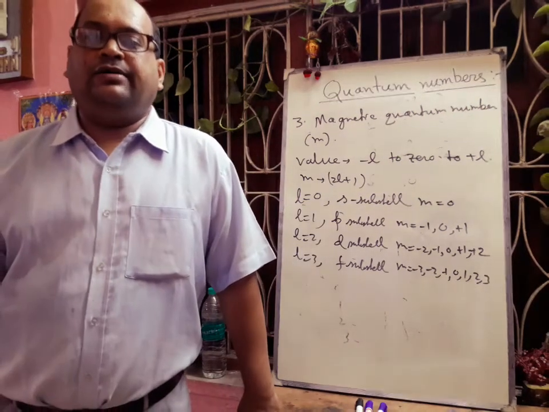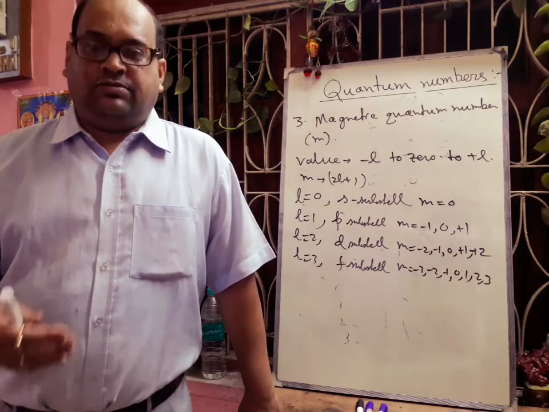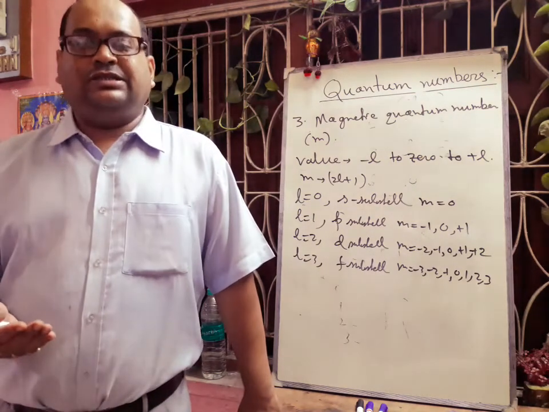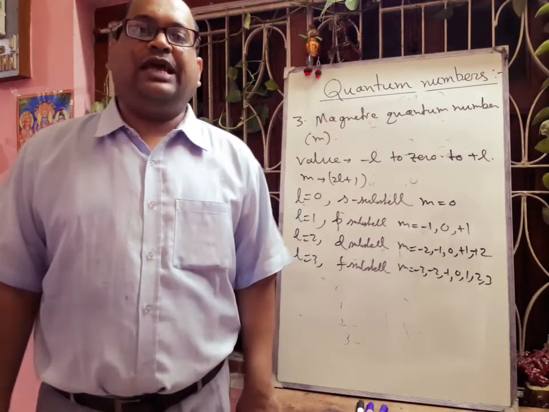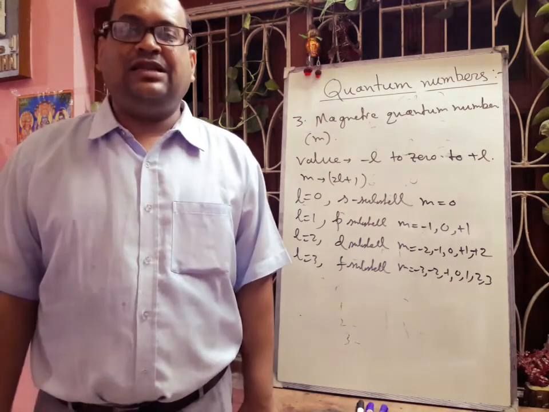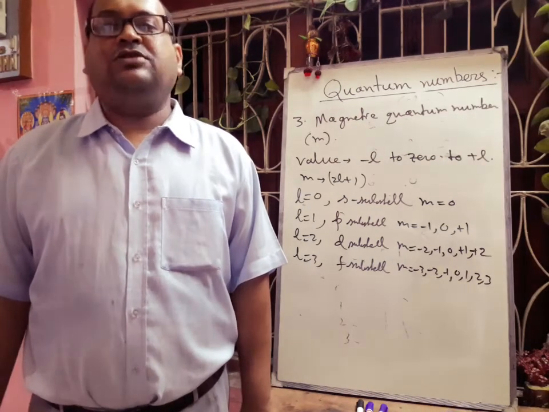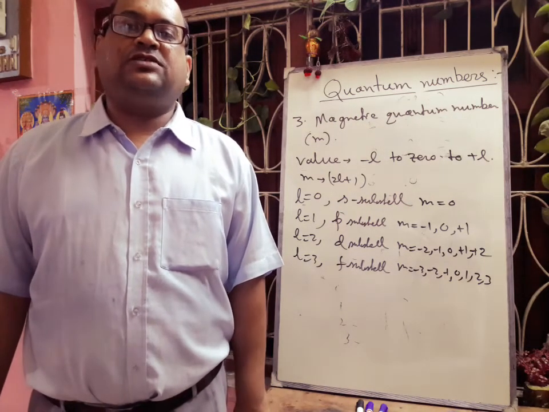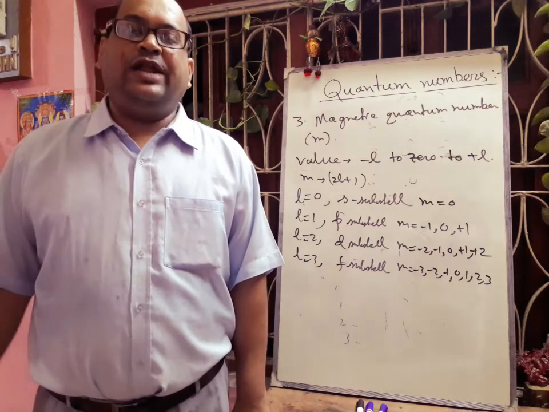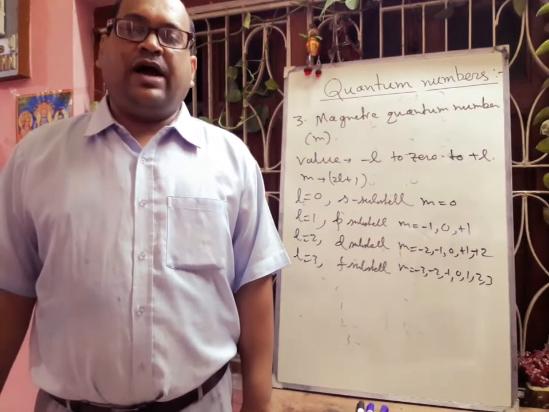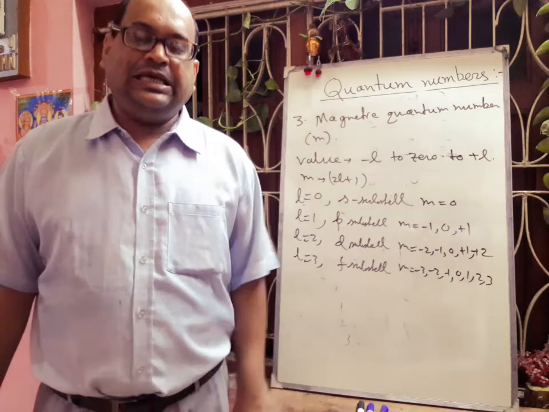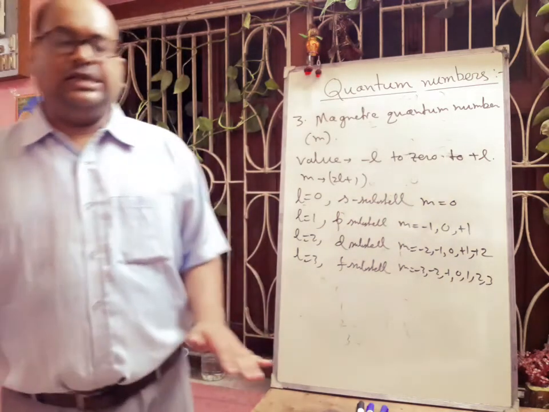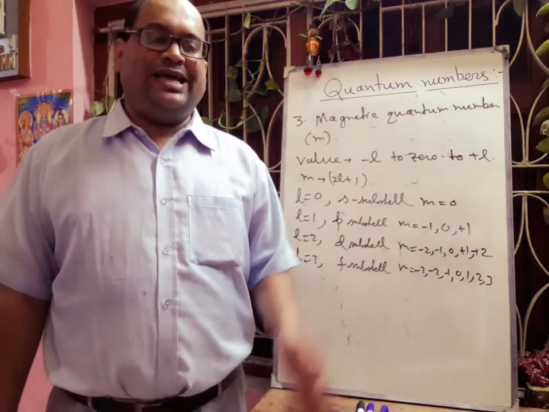Therefore l = 1 is the p subshell, and there are 3 permitted values of m, hence the p subshell is composed of 3 orbitals known as px, py, pz. px is aligned around the x-axis, that is the dumbbell shaped orbital, and py is along the y-axis and pz along the z-axis.